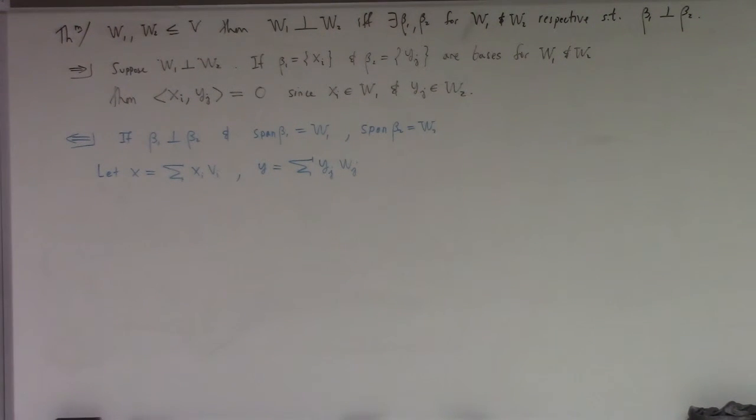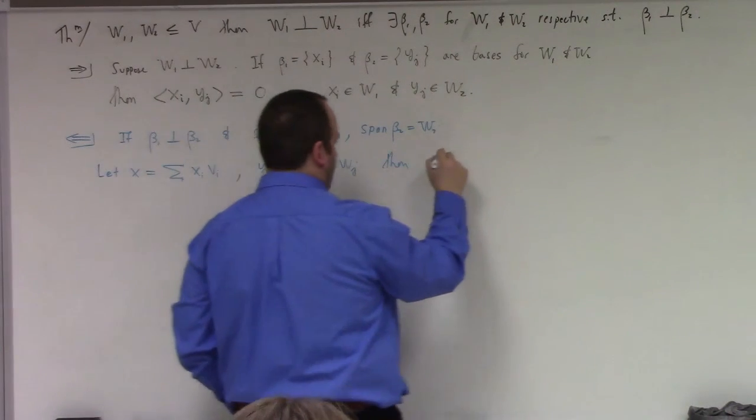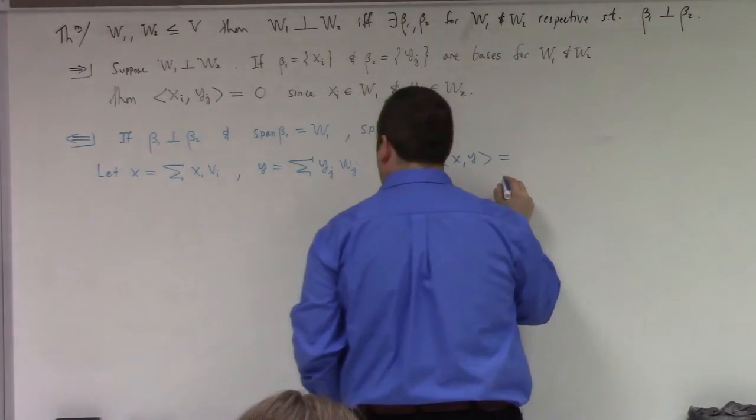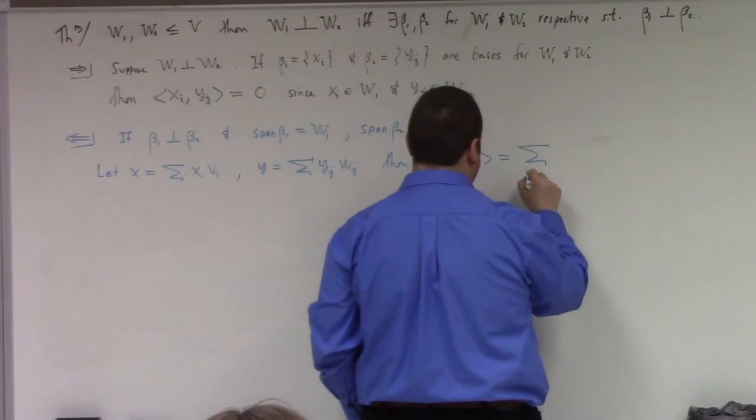Sorry about my notation in the first half of this proof. It's really bizarre. Not my typical notation. I should probably just cross it out. Oh well. So these two vectors, what happens when you take the inner product of them? Well, you can pull the sums out by the linearity of the first slot and the second slot.